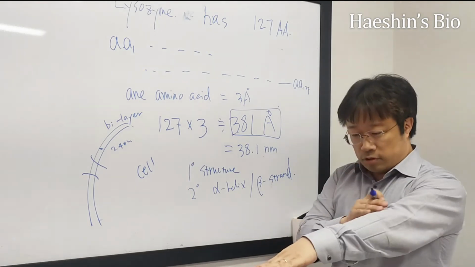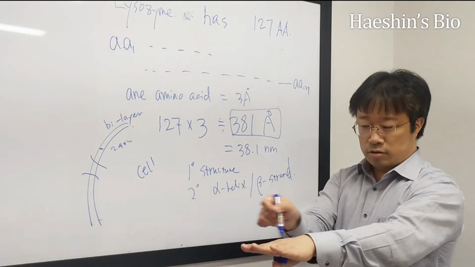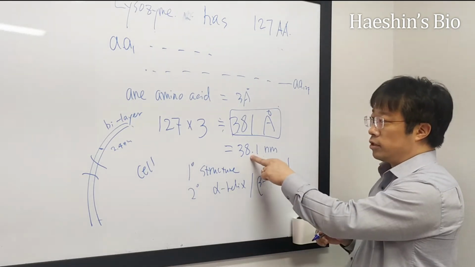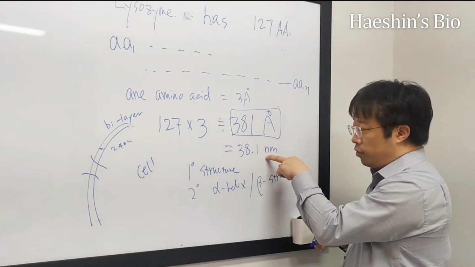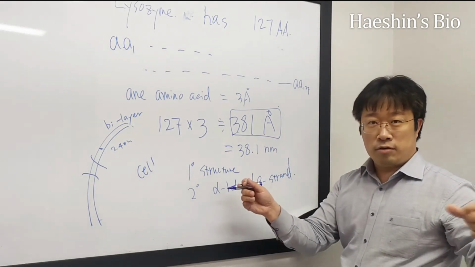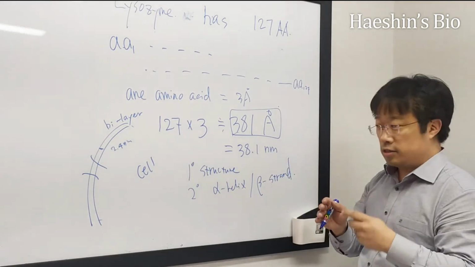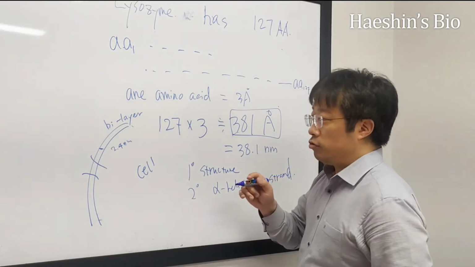And in a beta strand, you have a straight line, then a curve, and another line comes, and they hydrogen bond together. So actually they fold onto each other, which means this full length of about 40 nanometers is now folded onto itself. This is how the size comes about.